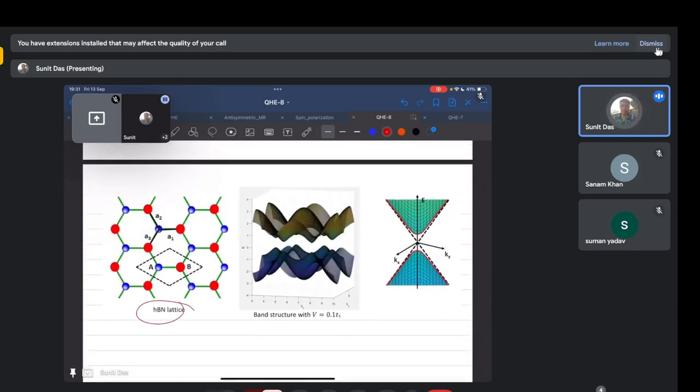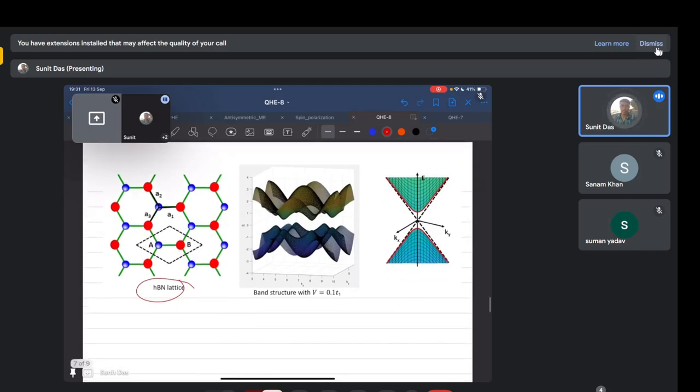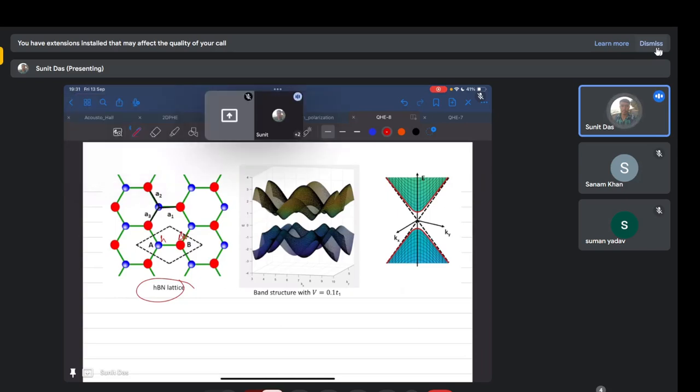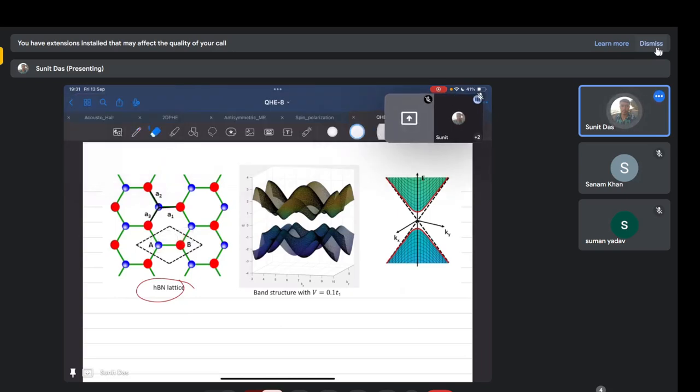So this is the hBN lattice, let's say, where these are B and this is N, or there are two different atoms. So these A atoms and B atoms are different in size, and also they are not carbon-carbon as it was in the graphene system.